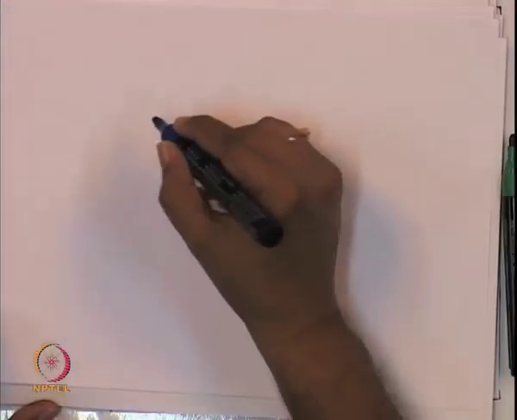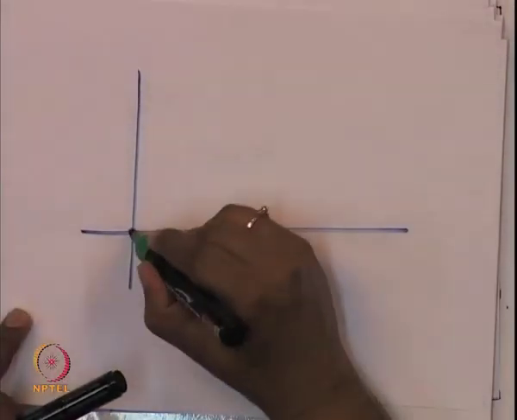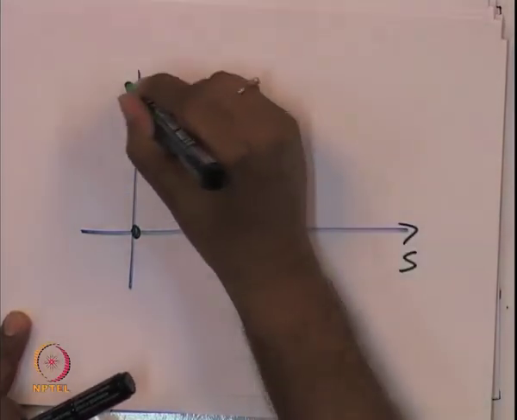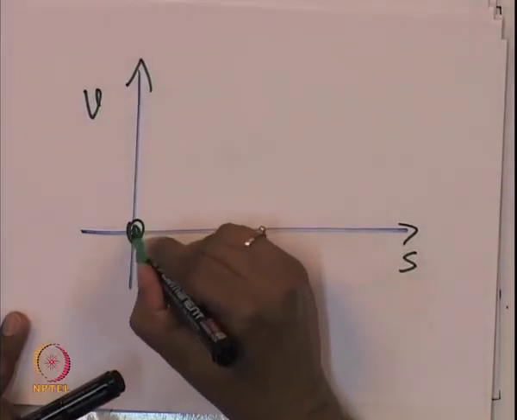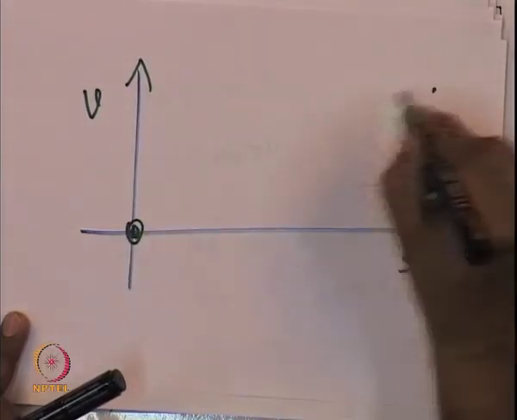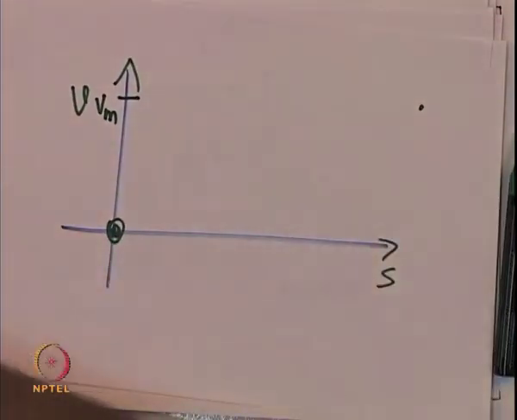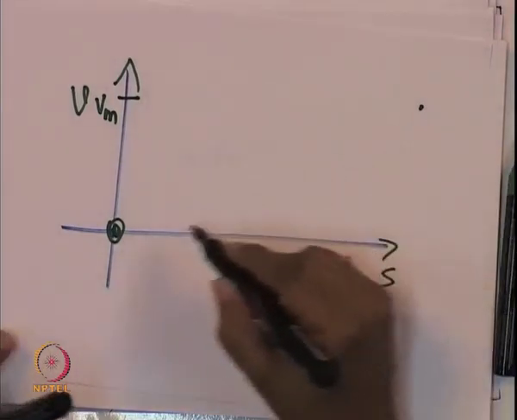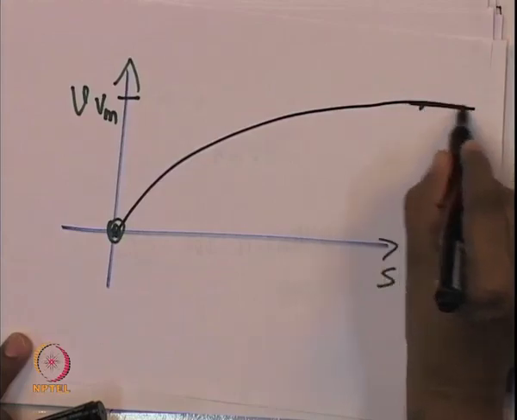So, we had this function which had value 0 at S equal to 0, and for large values of S we got Vm, and the curve is a smooth curve between these two things, just going up and then saturating like this.